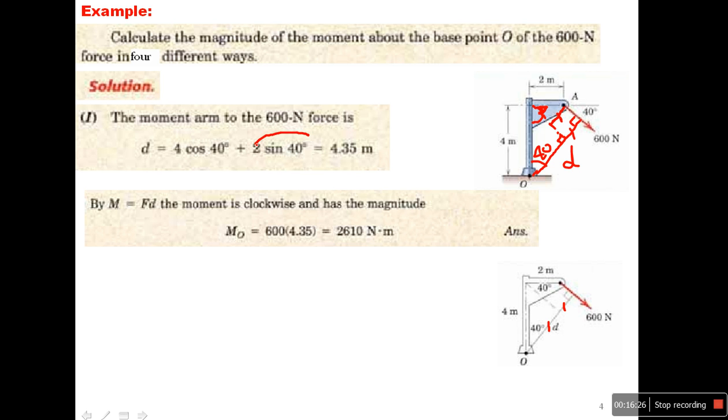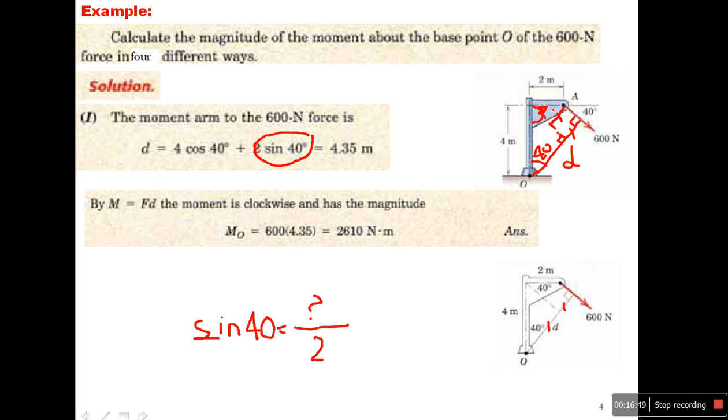You can see here, this is the part of 1. So, for example, sine 40 equals unknown over 2.